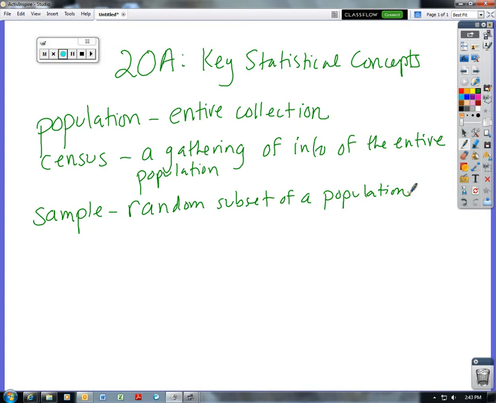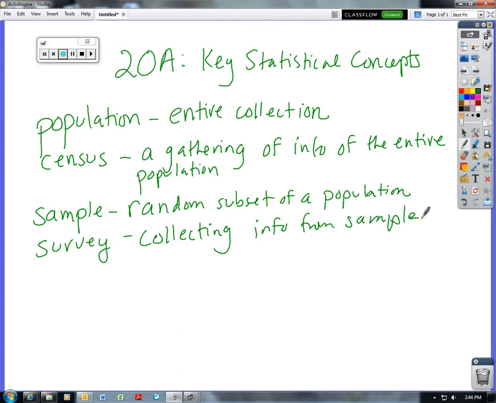So we just take a random sample, a random subset. And then the survey is collecting the information from the sample.